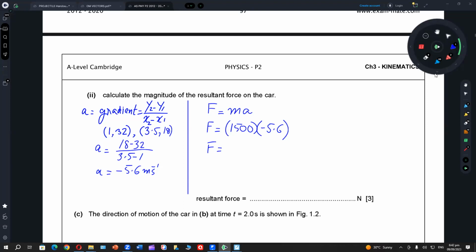Minus you can include, and let's see what answer is coming after multiplication. Minus can be kept here. So 8,400. 2-3 people are writing 8,400. So is it 8,400 Newton? Yes.